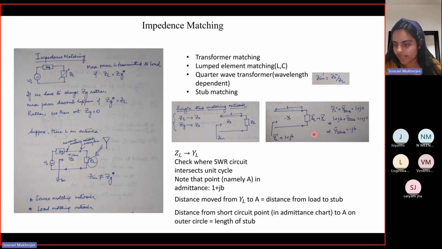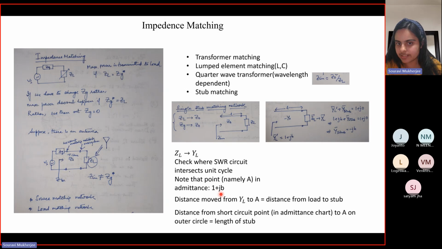So what you are actually saying is that you have some load, and a particular length of transmission line such that at this end your admittance looks like 1 plus jB, and you want to find this length. This you can do: locate YL in the Smith chart and then see where this SWR circle cuts the unit circle. That point will correspond to some 1 plus jB.